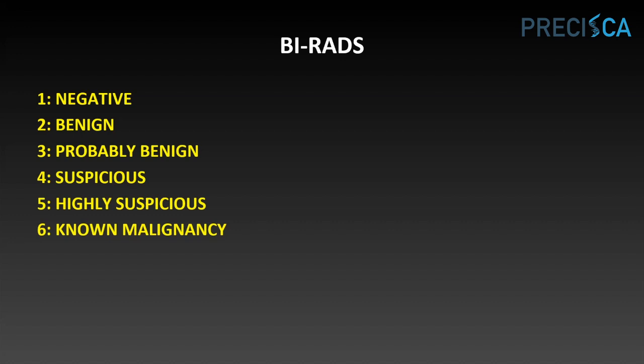We have a BIRADS 3 designation, which is probably benign. So you find a lesion on screening, you work it up with additional imaging of some sort, and then you think it's probably benign, but you're not sure. So you bring that patient back in 6 months, 12 months, and at 1 year. And at 2 years, if nothing changes, you can convert it to benign.